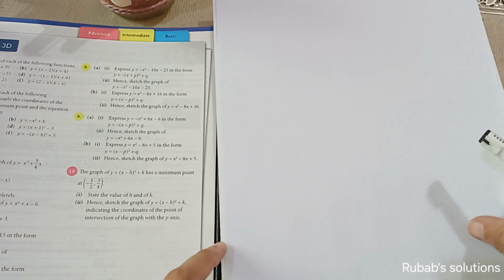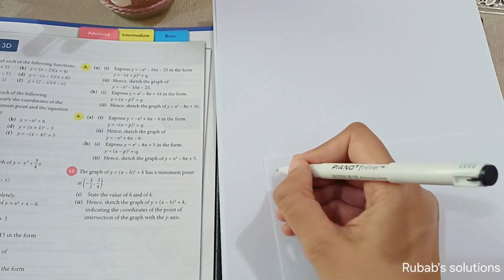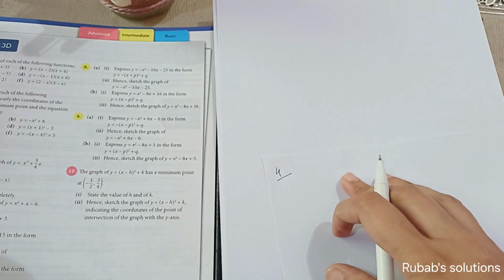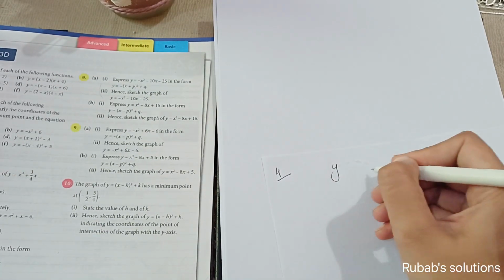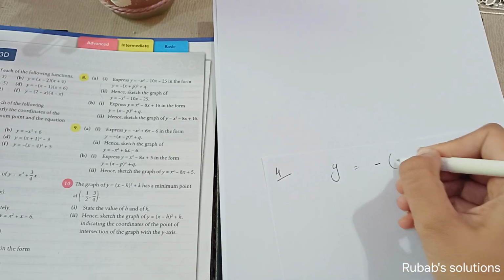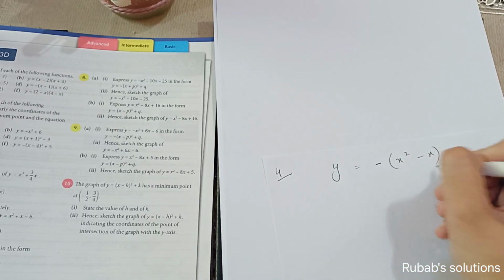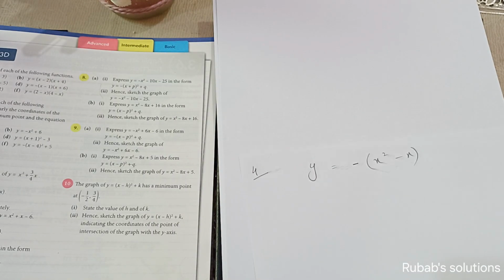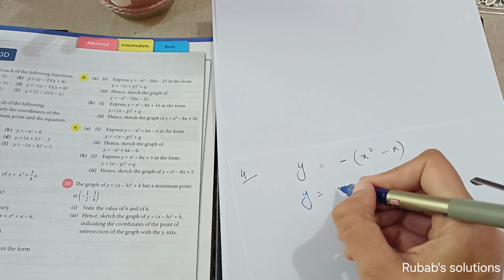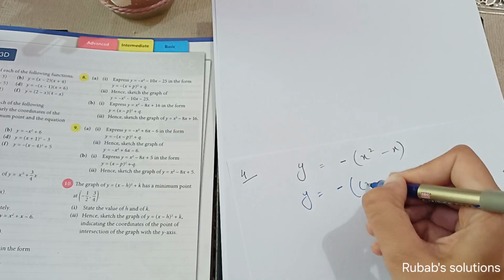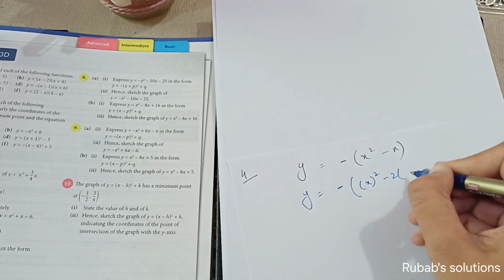Moving toward the next part, that is question number 4. Question number 4 is saying that y is equal to minus x square minus x. So again, first of all, you have to do it by the completing square method. It is x square minus 2a x.